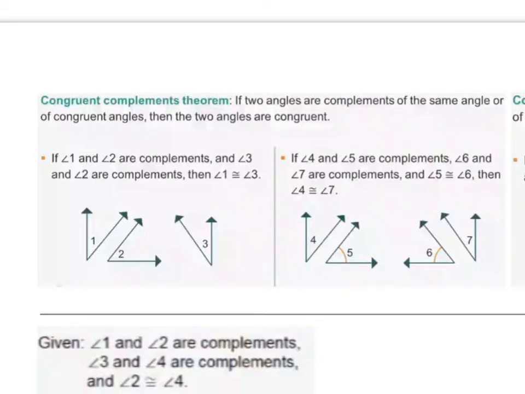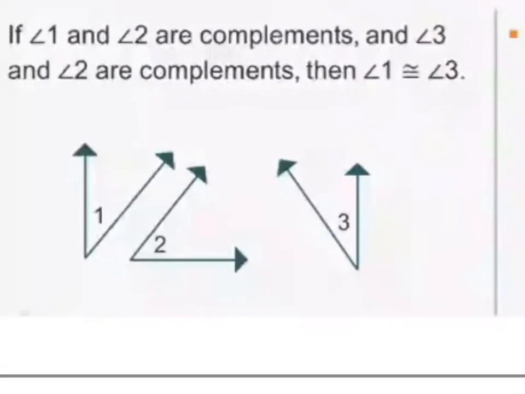Let's say that angle 1 is 30 degrees. Then its complement, in order to be a complement, has to add up to 90, so I'll call this 60 degrees. And if you also know that angle 2 is complementary to angle 3, meaning these two add up to 90, then if this is 60, this has to be 30.